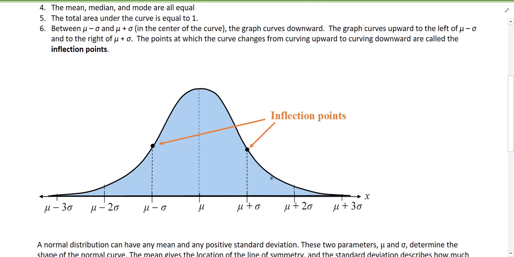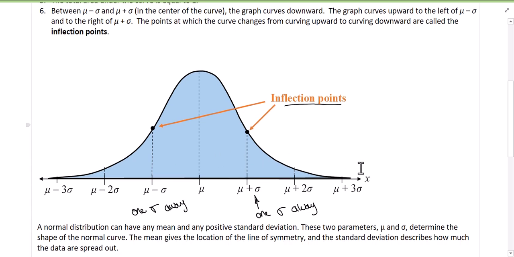So the curvature changes. Those are called inflection points, and where this happens is where we essentially have one standard deviation away from the mean, either to the right or one standard deviation to the left. So being able to identify where those inflection points are gives us a good way of approximating what our standard deviation will be.